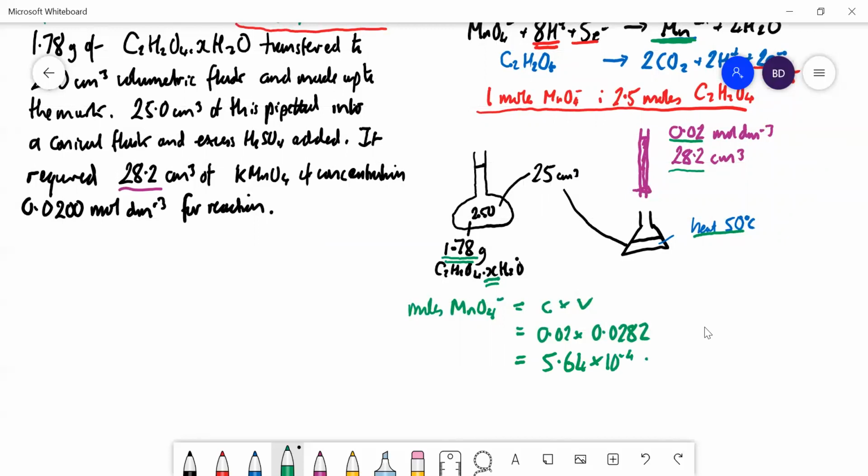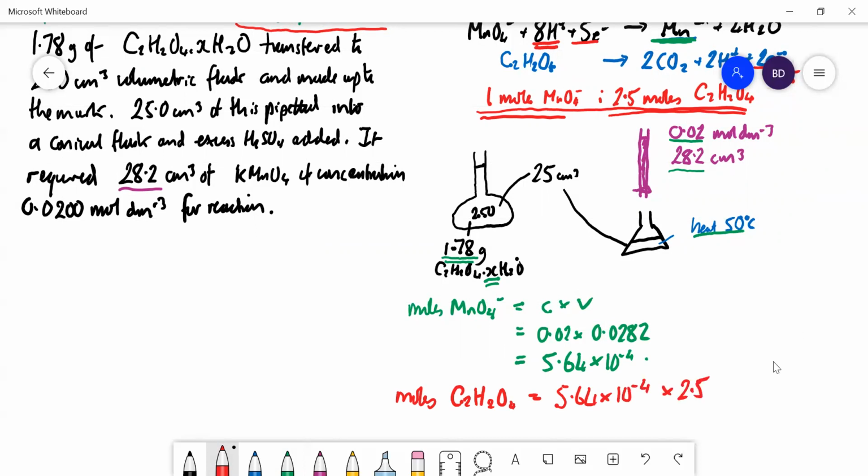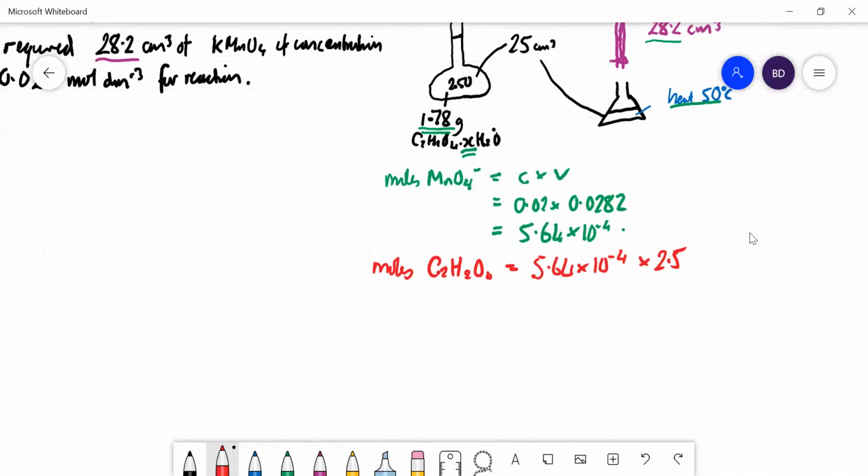Then we have to work out the moles of ethanedioic acid. Now look at the molar ratio. It's 1 mole of manganate to 2.5 moles of that. So we've got to do 5.64 times 10 to the minus 4 multiplied by 2.5. And that is going to give us 1.41 times 10 to the minus 3.